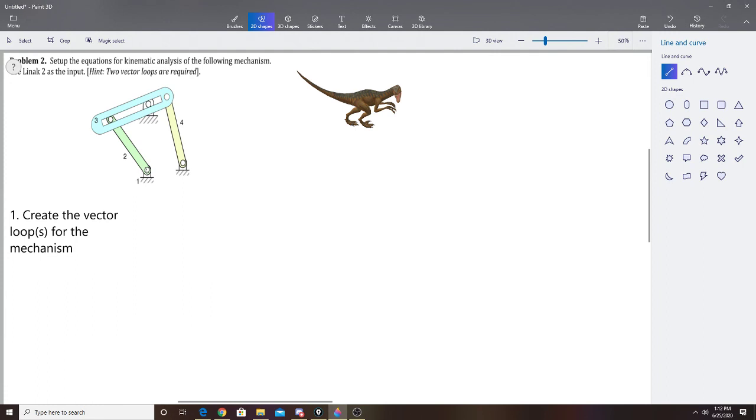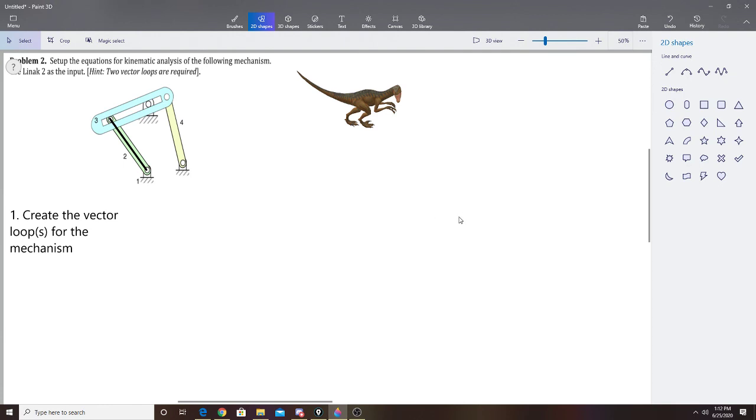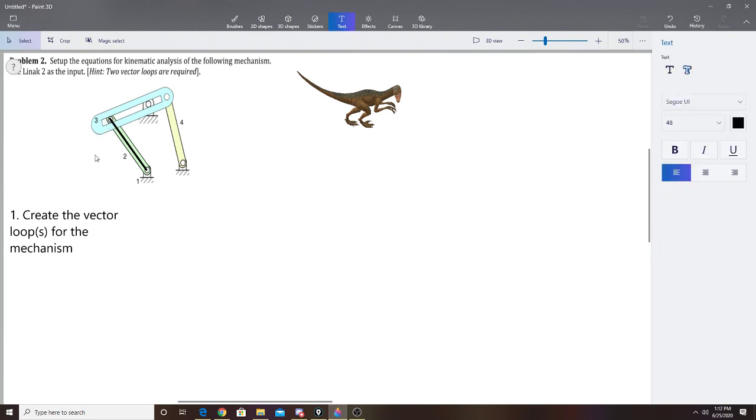Anybody want? Tell me if I'm wrong. Does that look good to you guys? I got a thumbs up from the class, so it is. Looks good. So this right here will be R2, right?